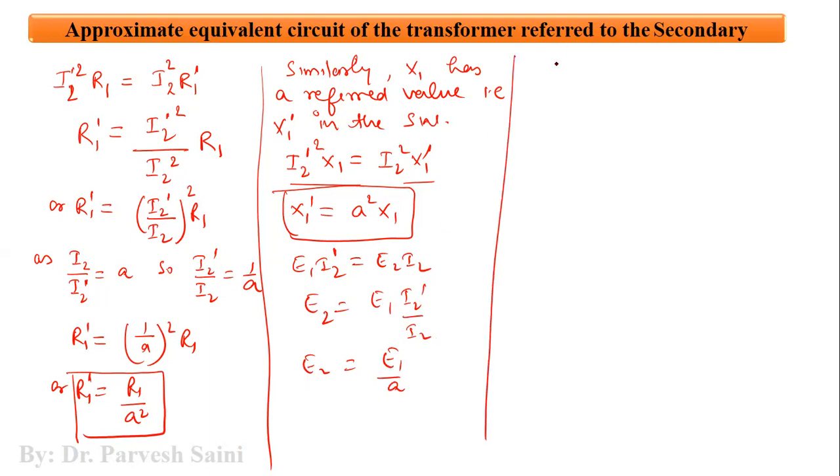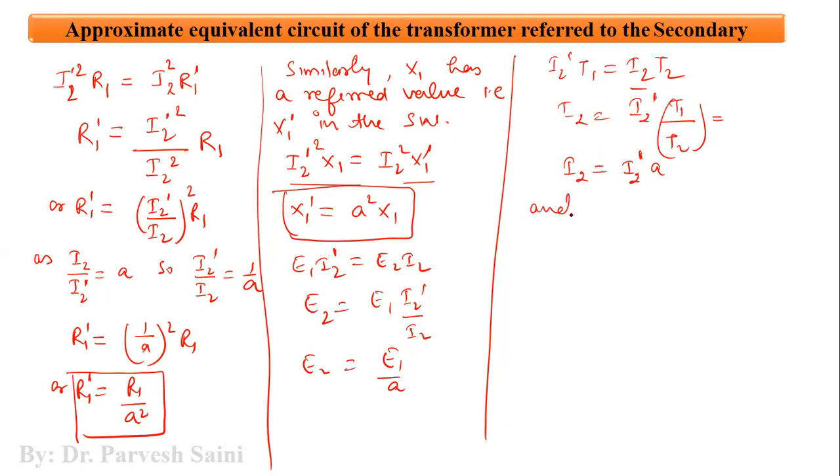Now we also know that I2 dash into T1 is equal to I2 into T2. So from here you can find I2. I2 is equal to I2 dash into T1 divided by T2. T1 divided by T2 is A, so I2 is equal to I2 dash into A, right?